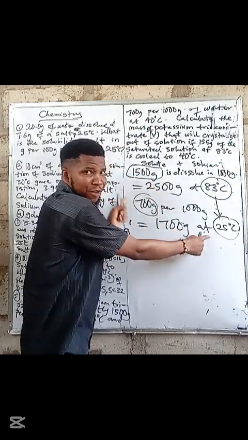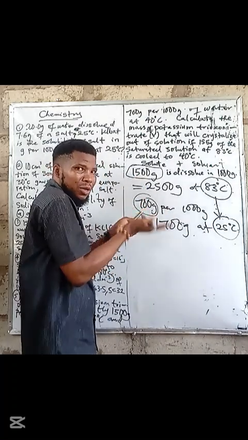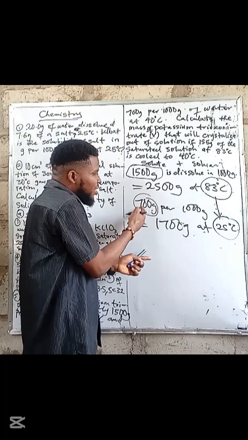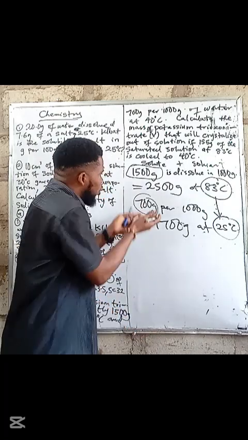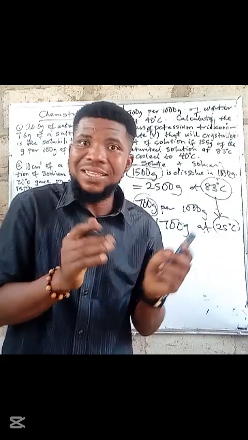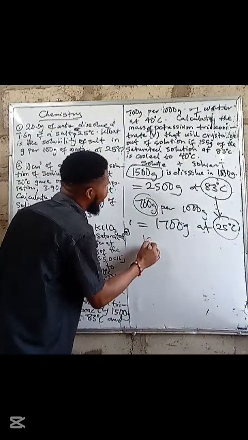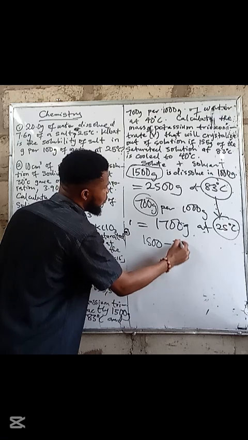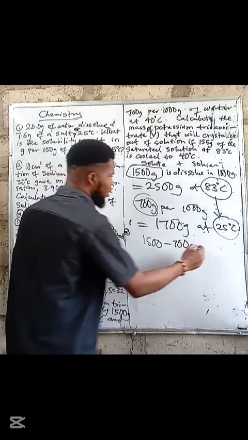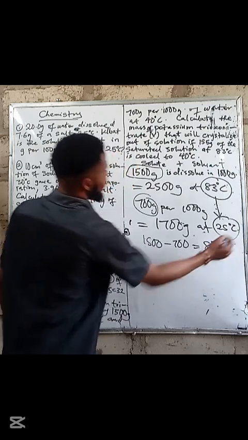Once it's cooled down to 25, this excess must crystallize out. Only 700 will remain in the solution. So the remaining excess will be crystallized out, become crystal, won't be inside the solution. Why? Because it has been cooled down. So that excess will be 1500 minus 700. Are you getting it? Right? So that will give us what? 800.